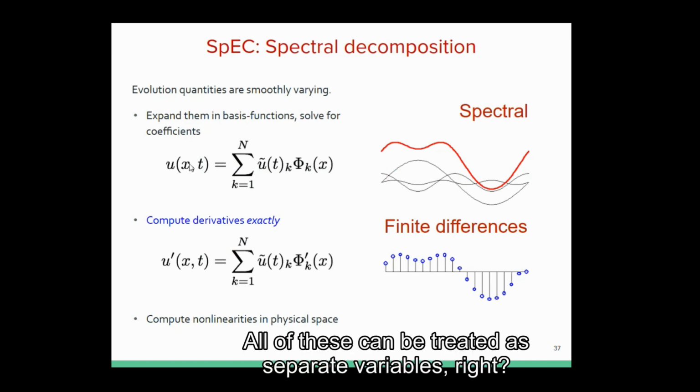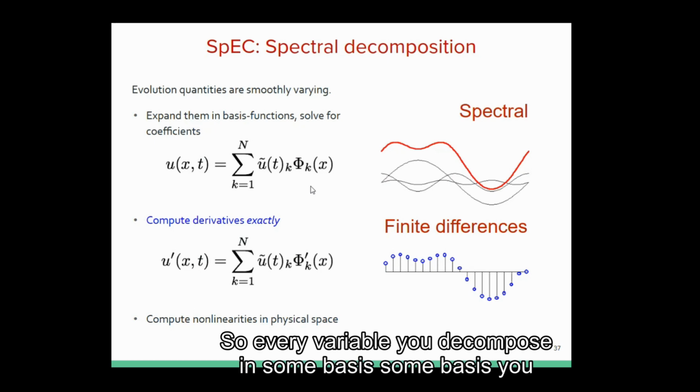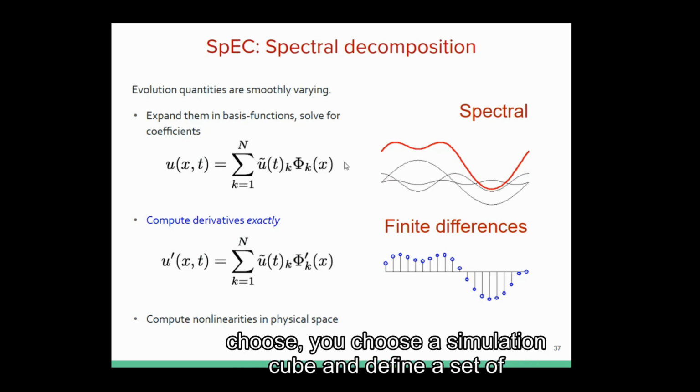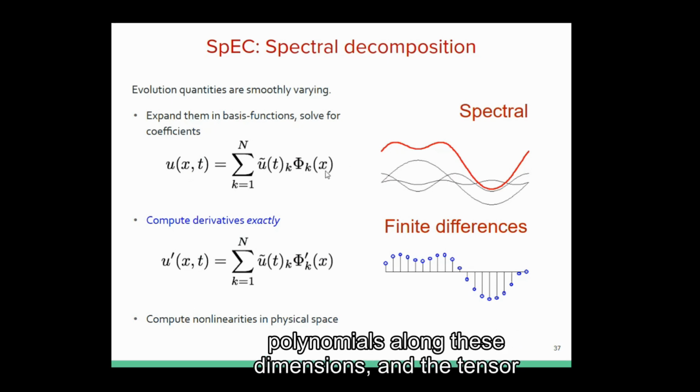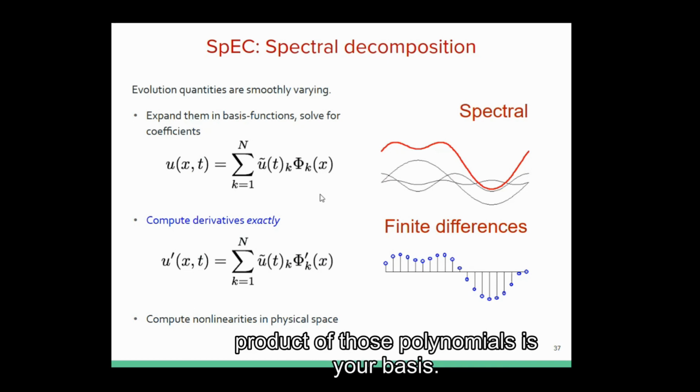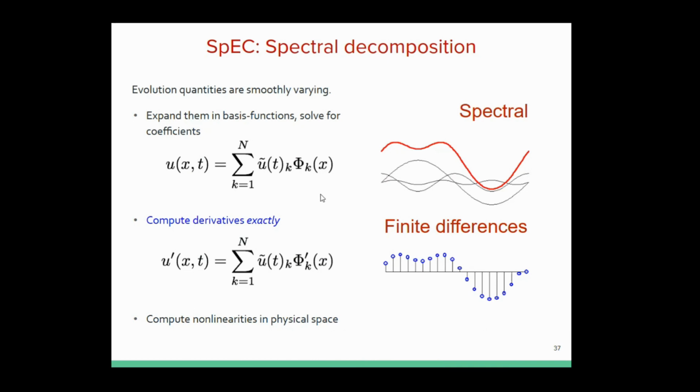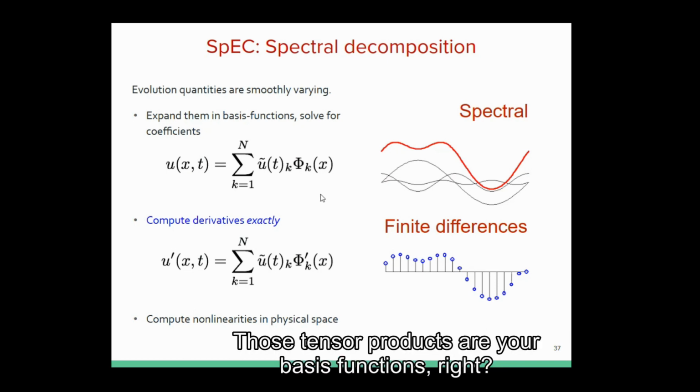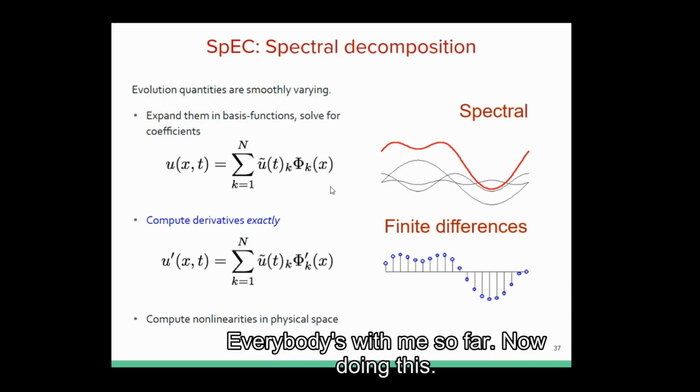All of these can be treated as separate variables. Right? So every variable you decompose in some basis. You choose a simulation cube to define a set of polynomials along each dimension, and the tensor product of those polynomials is your basis. That set of those tensor products are your basis functions, right? Everybody is with me so far.